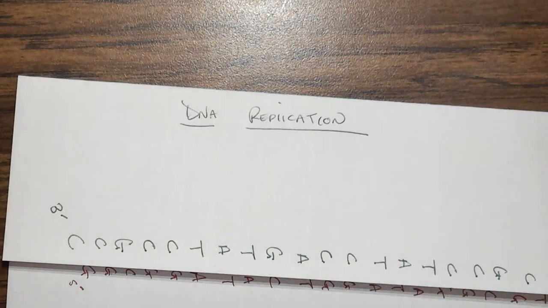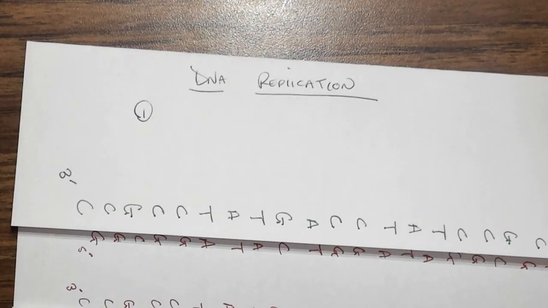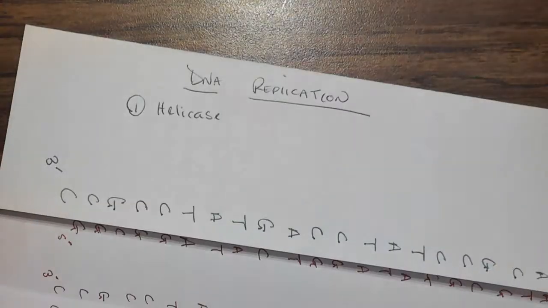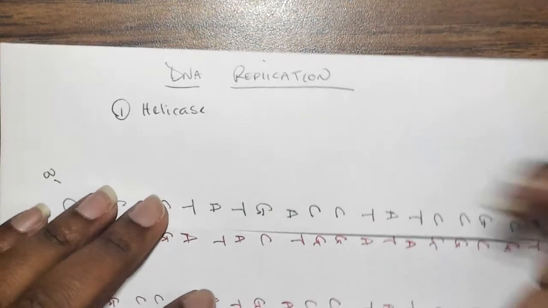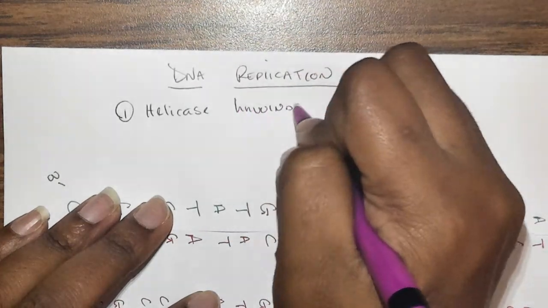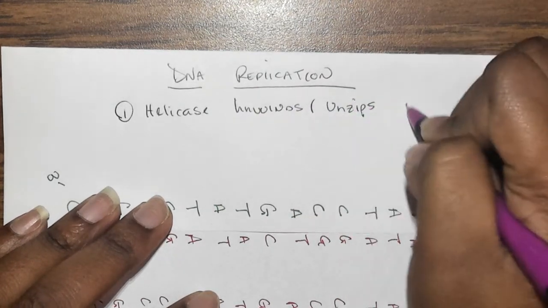DNA replication, you guys are going to definitely have to listen to me because you guys know that my handwriting is from the devil. Step 1, helicase, which is an enzyme, and it's an enzyme, so what type of macromolecule is it? A protein. Good. We got that right this time. Helicase unwinds and unzips DNA.